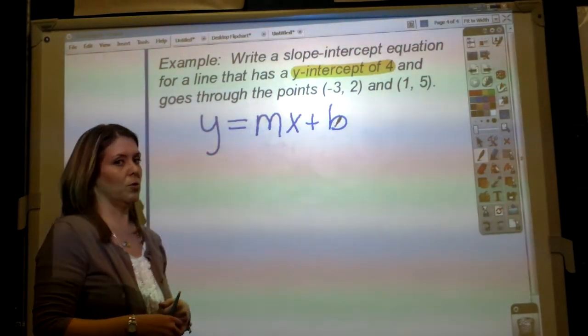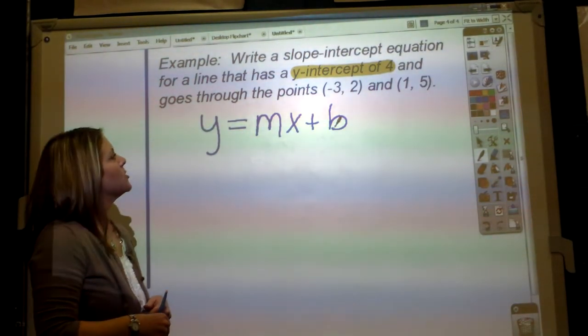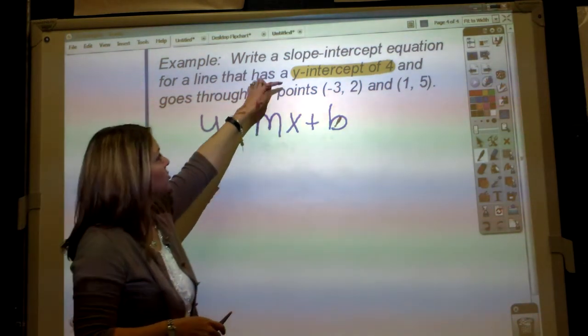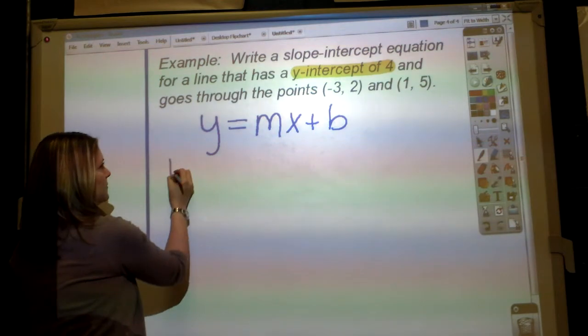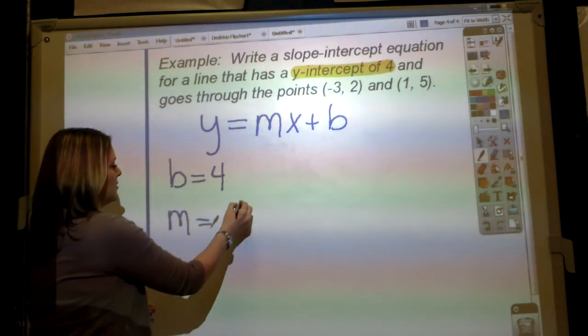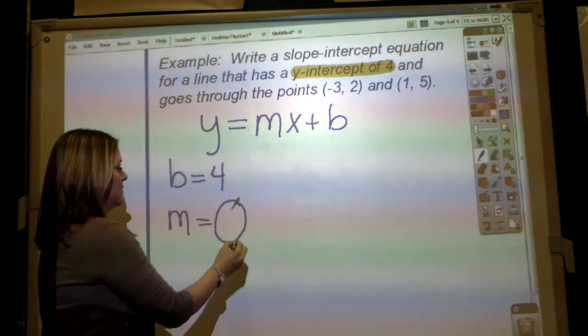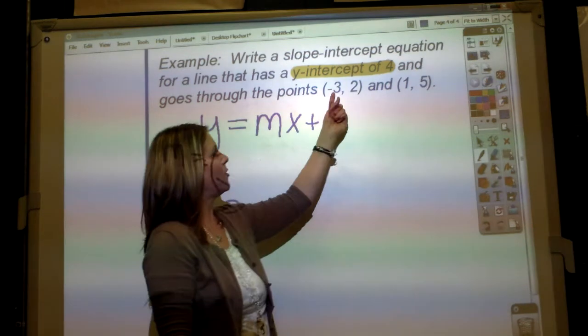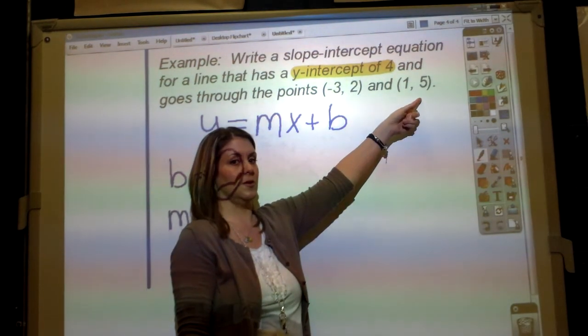If you notice, we weren't given the slope, so the slope is what we need to find. We do know what b is. B is 4. It's m, the slope, that we're missing. So we're going to find that slope value from those two ordered pairs that are given.